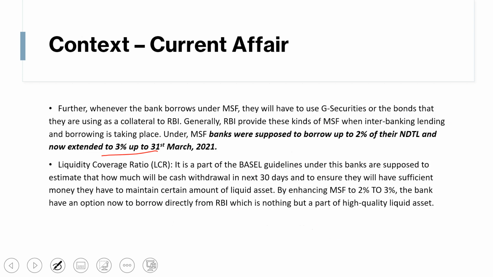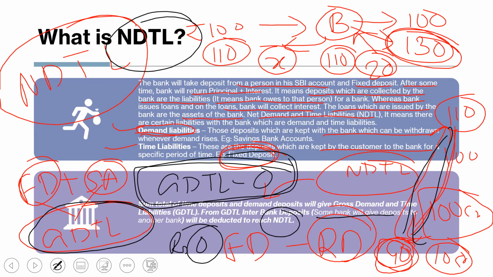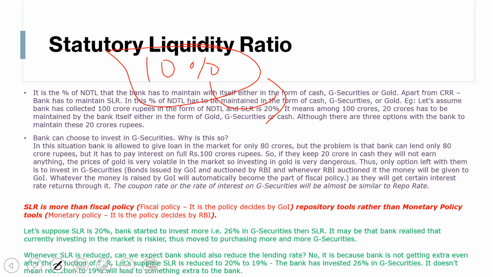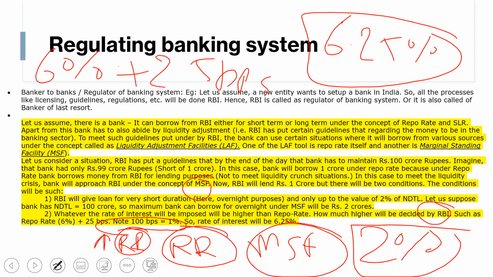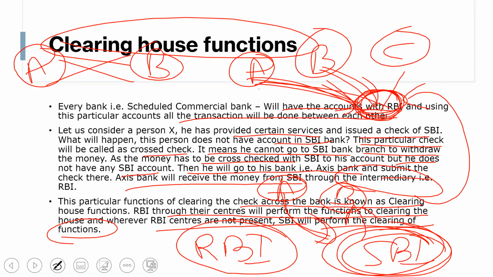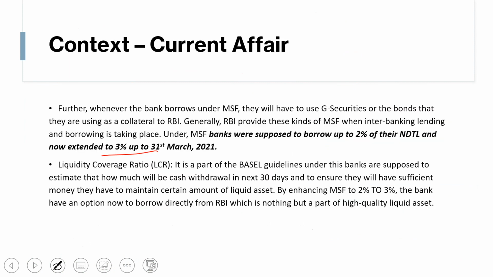So now I have explained all these terms: NDTL, statutory liquidity ratio, then functions of the RBI, that is regulation of the banking system, managing forex risk, clearing house functions, and Basel. Why have I explained these? Because of the current affair.